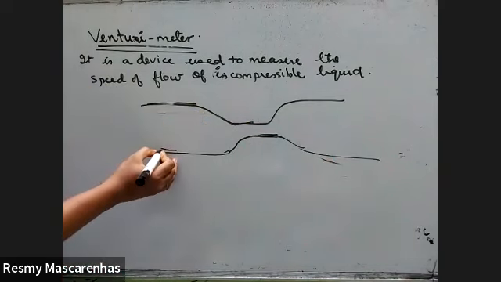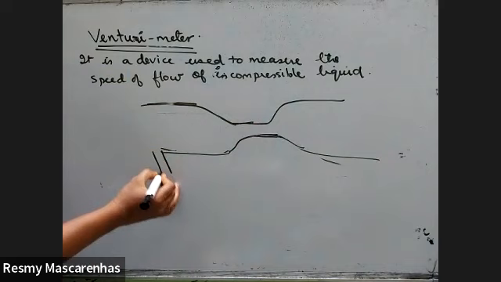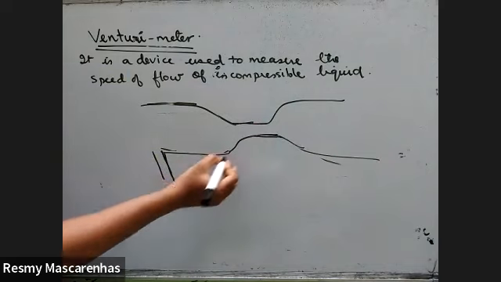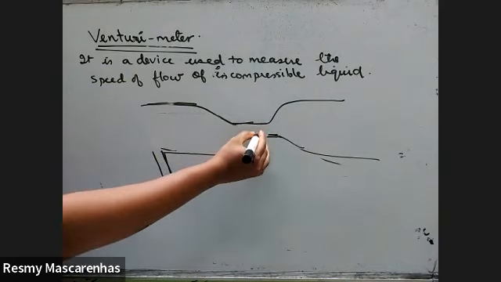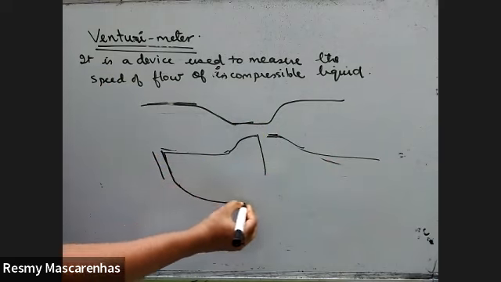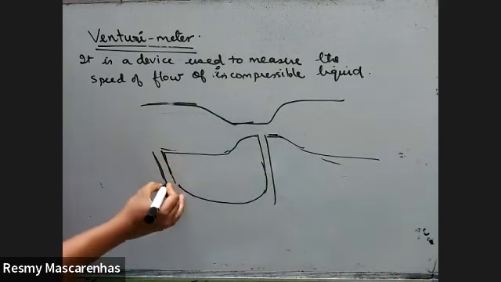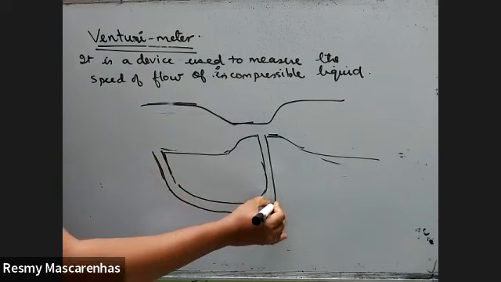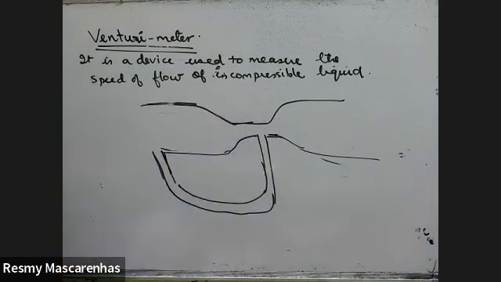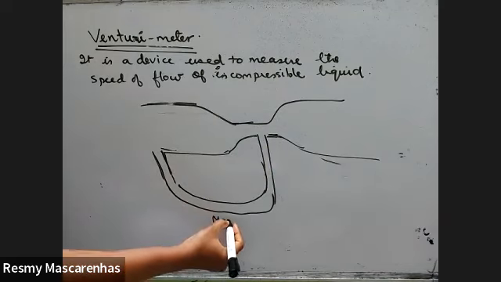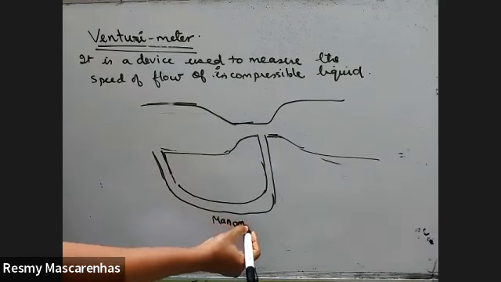And this is the opening area. So from here, to measure, a U-tube is being used. This is the manometer attached that calculates the pressure.